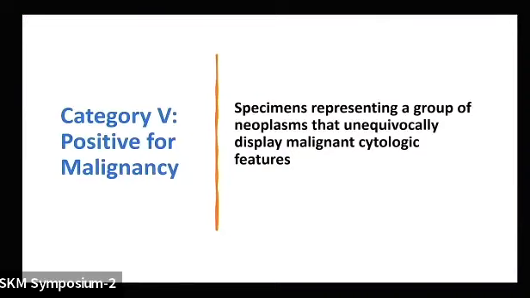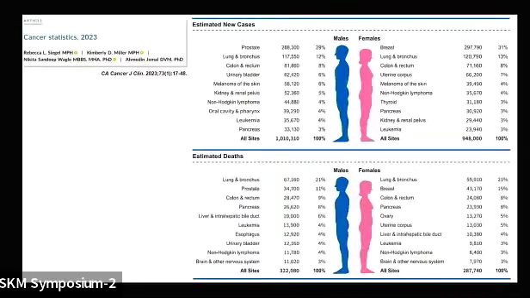on a cytologic specimen. Again, some statistics from 2023, for which we have the entire year's data. Estimated deaths in the United States for both lung and bronchus in both males and females still head the list of cancers which lead to mortality, and estimated new cases are decreasing somewhat and still occupy the second place for both males and females.